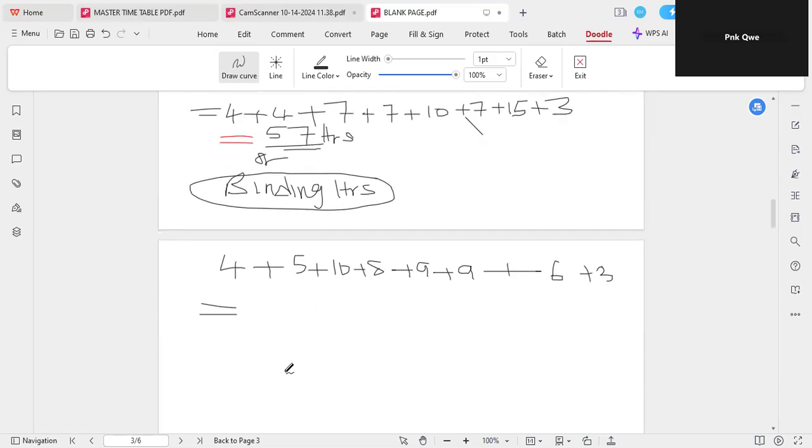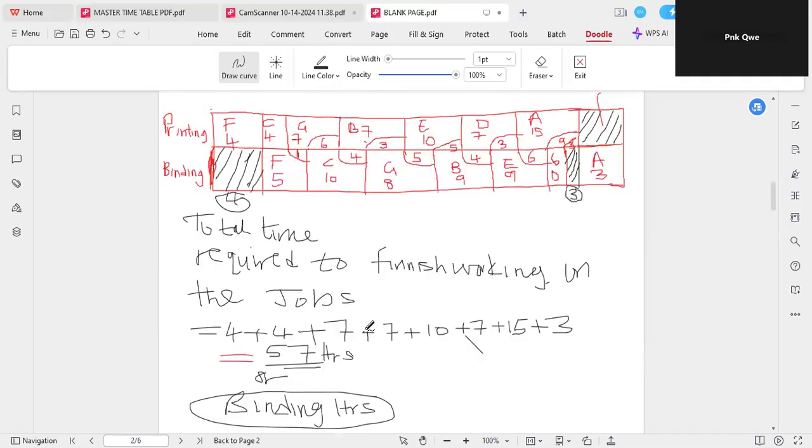Then this other one will be 4 plus 5 plus 10 plus 8 plus 9 plus 9 plus 6 plus 3. Okay. So we have 4 plus 5 plus 10 plus 8.